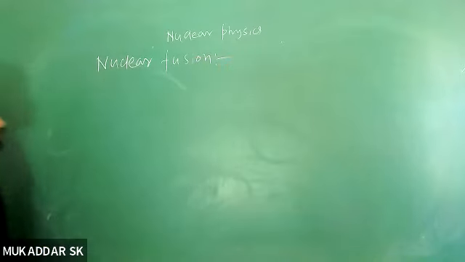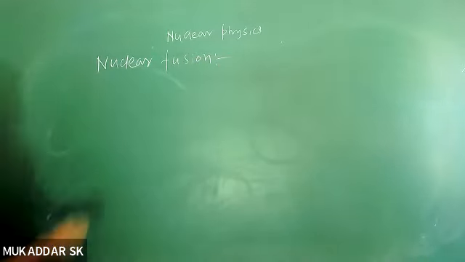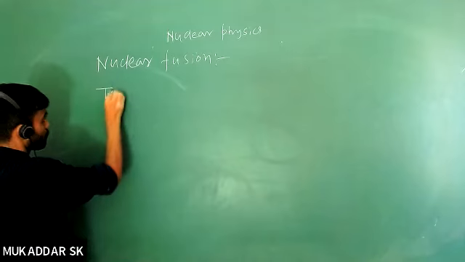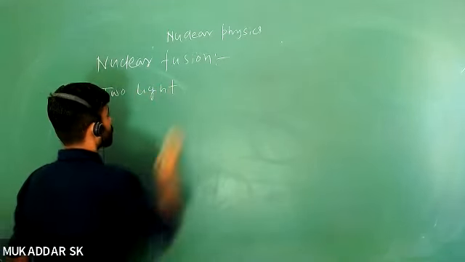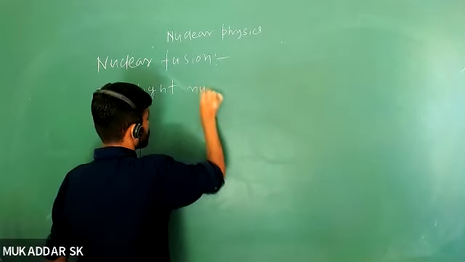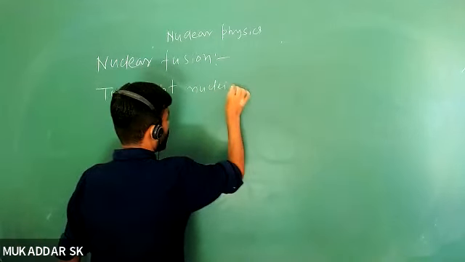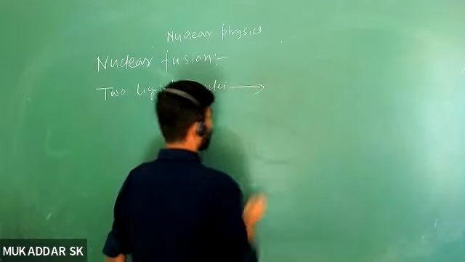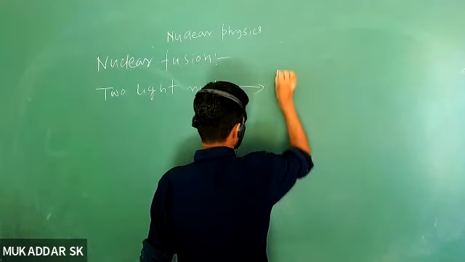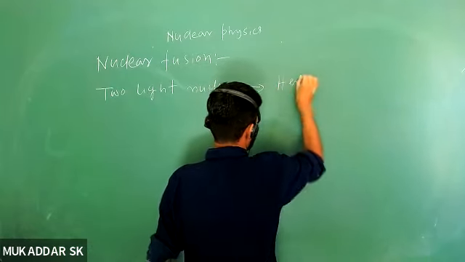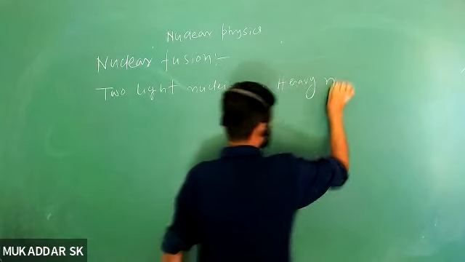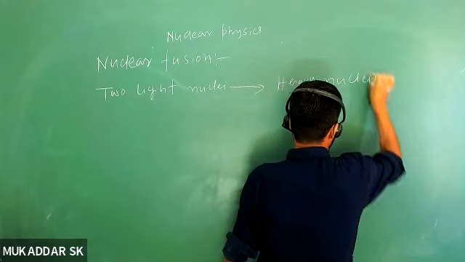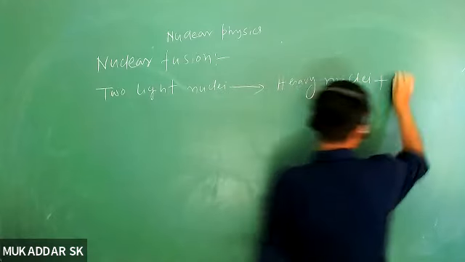So in nuclear fusion, what used to happen? Two light nuclei combine to form relatively heavy nuclei, and there is an emission of energy.